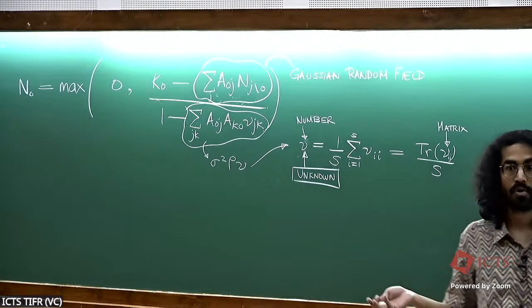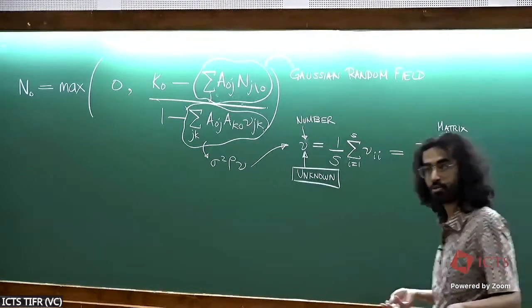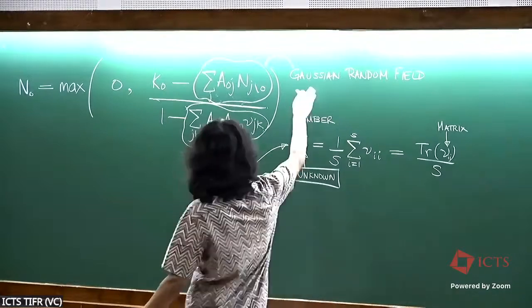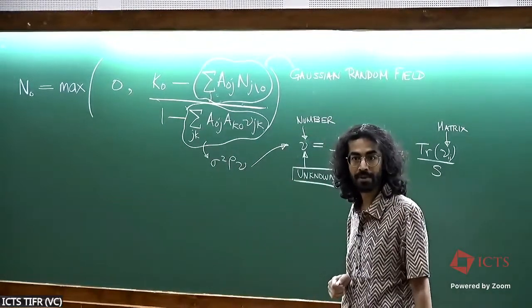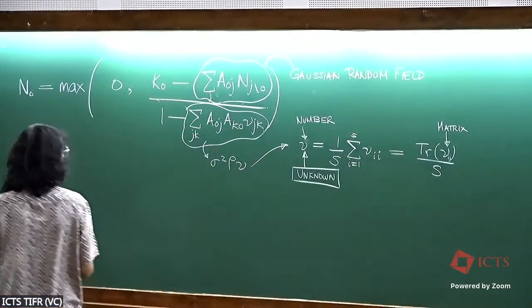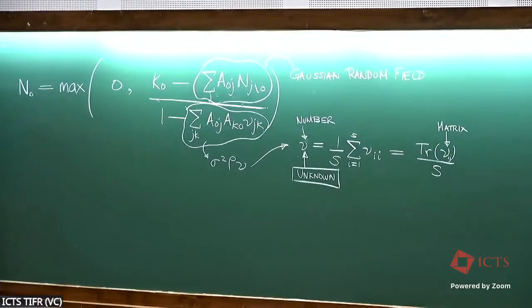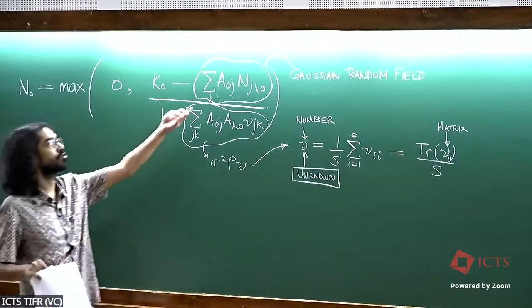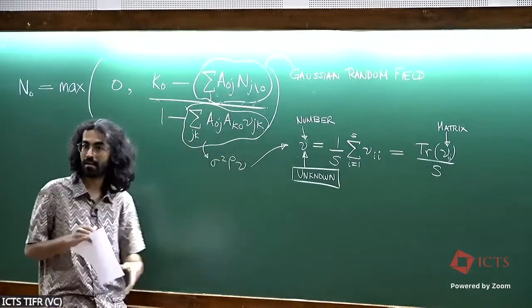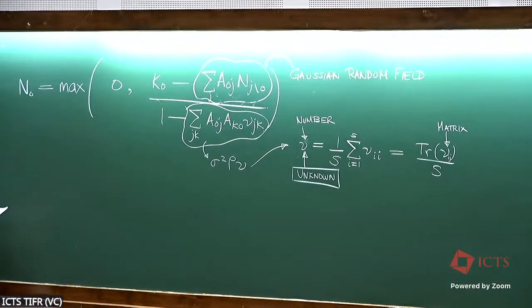And so you should be able to use the central limit theorem and argue that this should be a Gaussian random field, right? And if this is a Gaussian random field, then you should be able to derive its moments by the uncorrelated nature of A0J and NJ0 that we wrote down, right? So how do we do it? Let's just quickly do out that part.